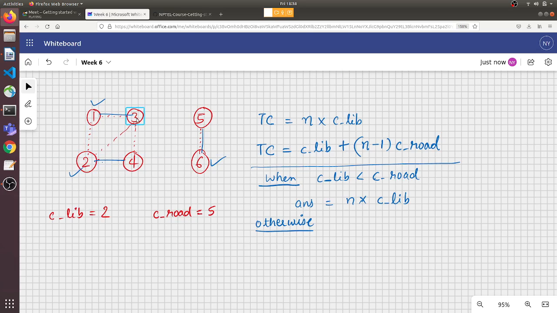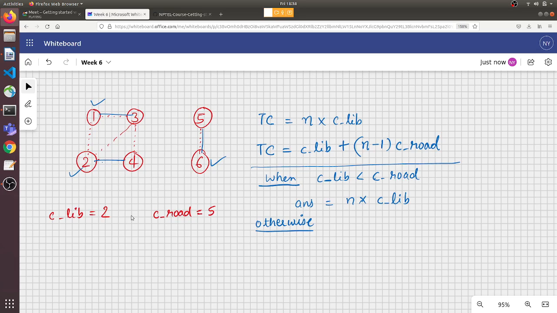So if here I construct a library in city 3, then I can reach any city from 1 to 4, right? So construct one library in every connected component, and then in one connected component you need to construct the minimum number of roads.